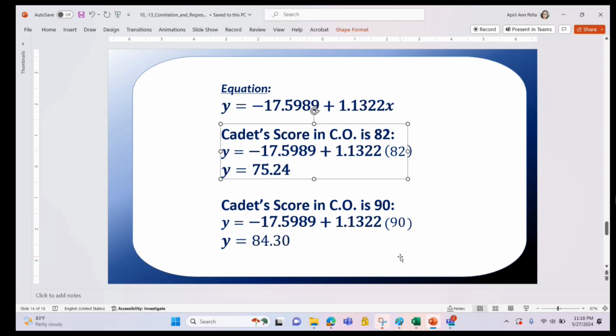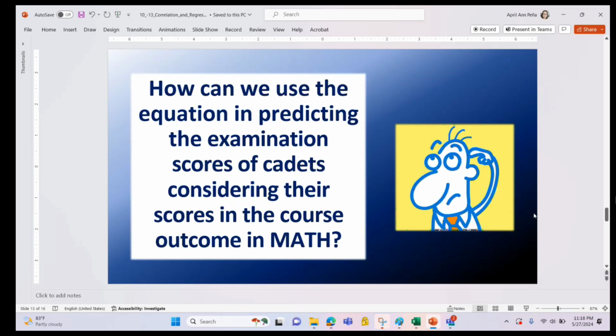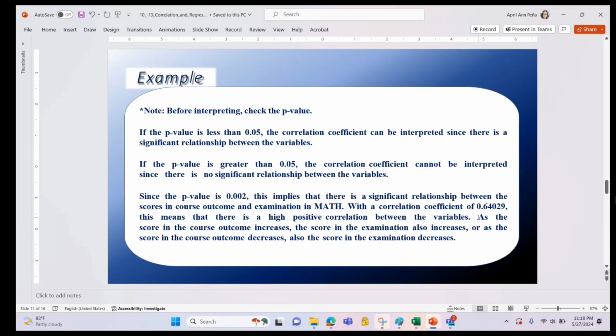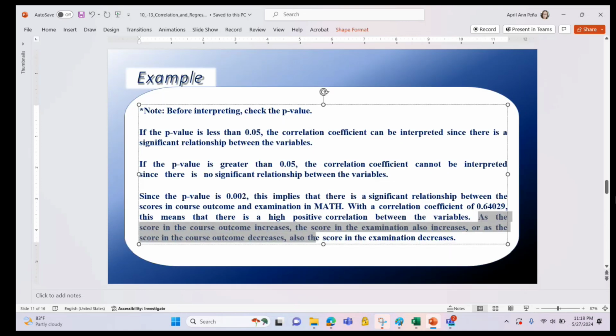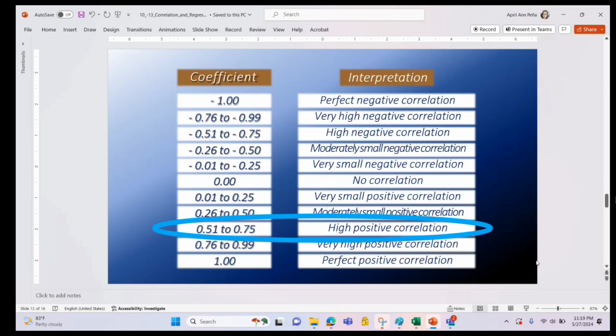So what does it mean? Remember that in the interpretation, going back, it is said that as the score in the course outcome increases, the examination score also increases. Or when one decreases, the other also decreases.